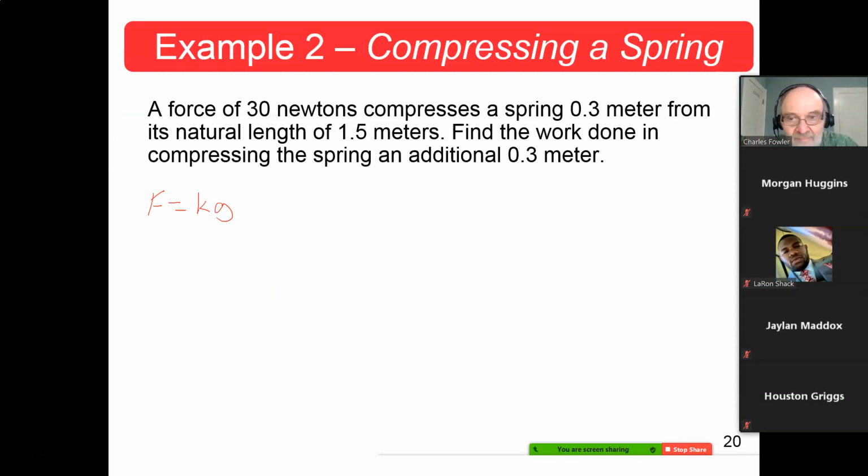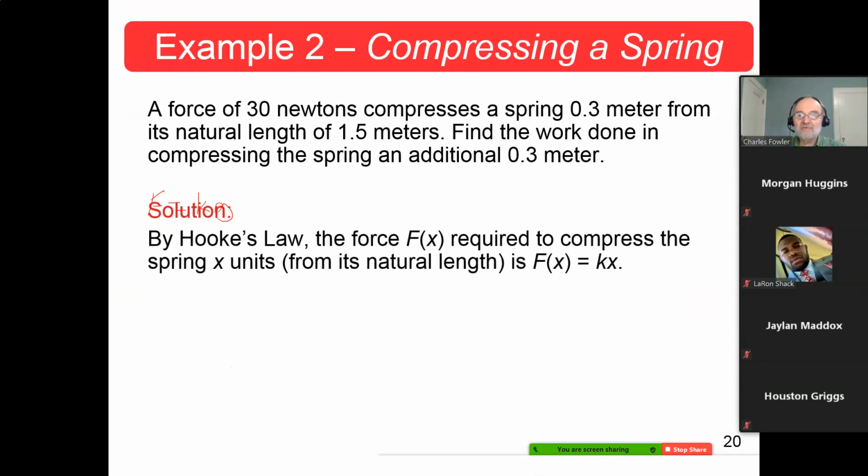And here we go. By Hooke's law, the variable force F is a function of the displacement required to compress a spring x units: F of x is equal to kx. I didn't write that down before, I just put it in my integral that way, but that's your F of x. That's Hooke's law.